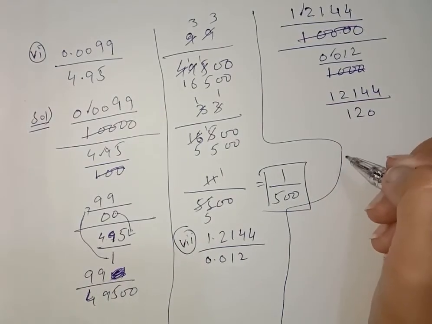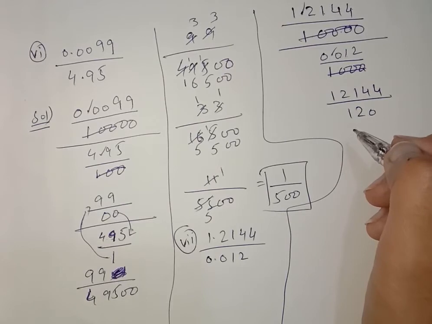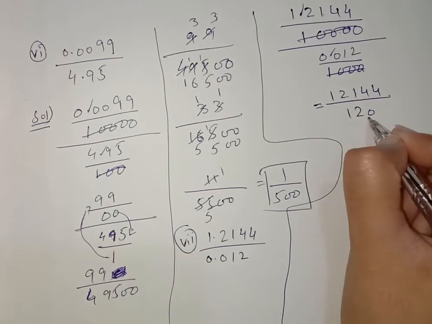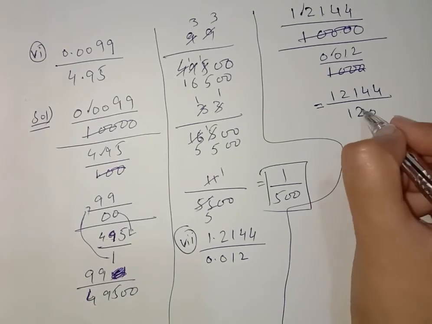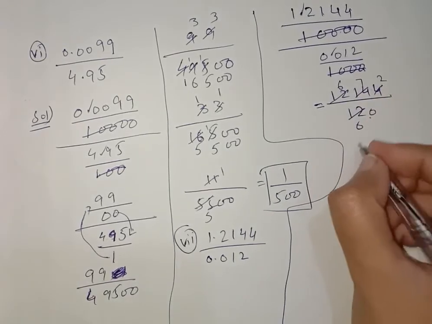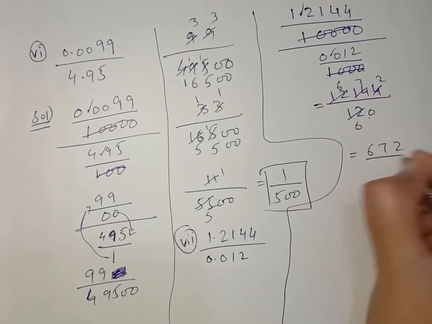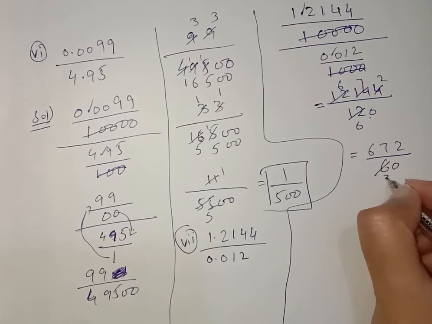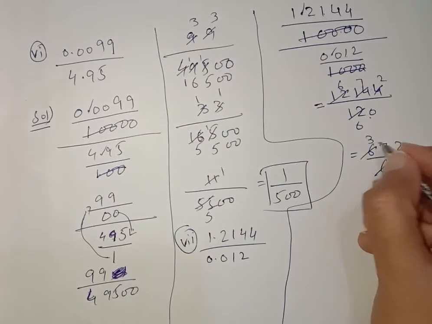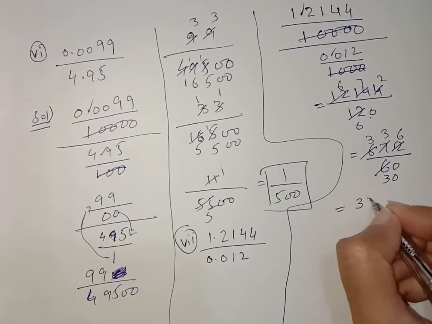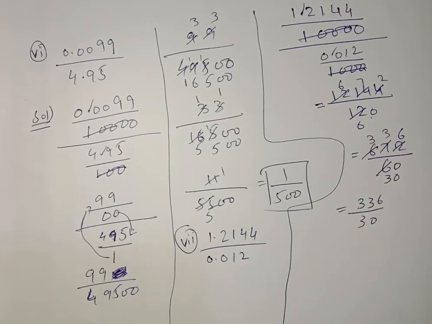Now we have to start cutting. We do this cutting with the smaller table as well as the bigger table. 2 6s are 12, 2 7s are 14, 2 2s are 4, so 6 7 2 and 16. Next is 2 3s are 6, 0 comes as it is, 2 6s are 12, 336 by 30.